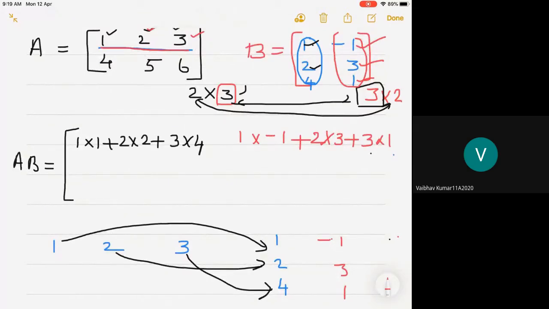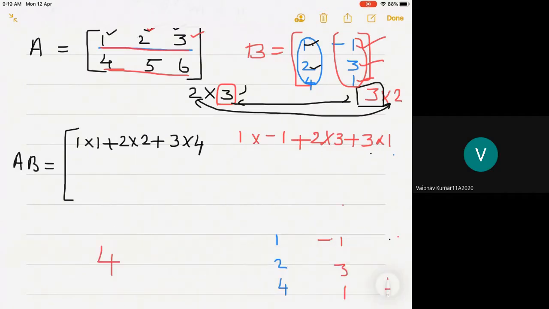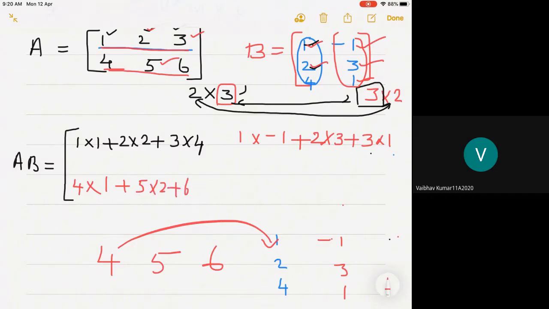Again, you take the second row from the first matrix. What is the second row here? It is 4, 5, 6. Now the second row you give to the first column and second column of the second matrix. First I multiply 4, 5, 6 with the first column: 4 into 1 plus 5 into 2 plus 6 into 4.